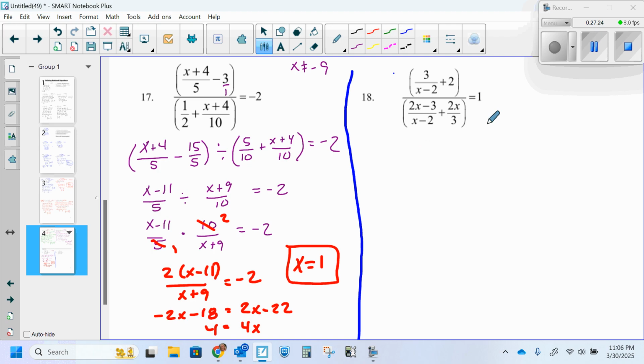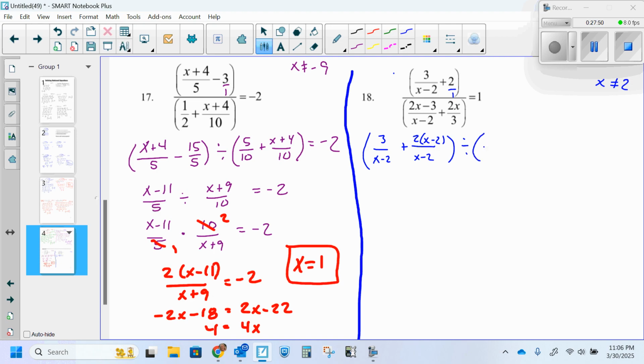Okay, let's do the same thing for this one. I can tell right off the bat that x cannot be 2, so I'm going to go ahead and start with that. X can't be 2. All right, I'm going to do the same thing. X minus 2 is going to be the common denominator on the top. So that'll be 2x minus 2.